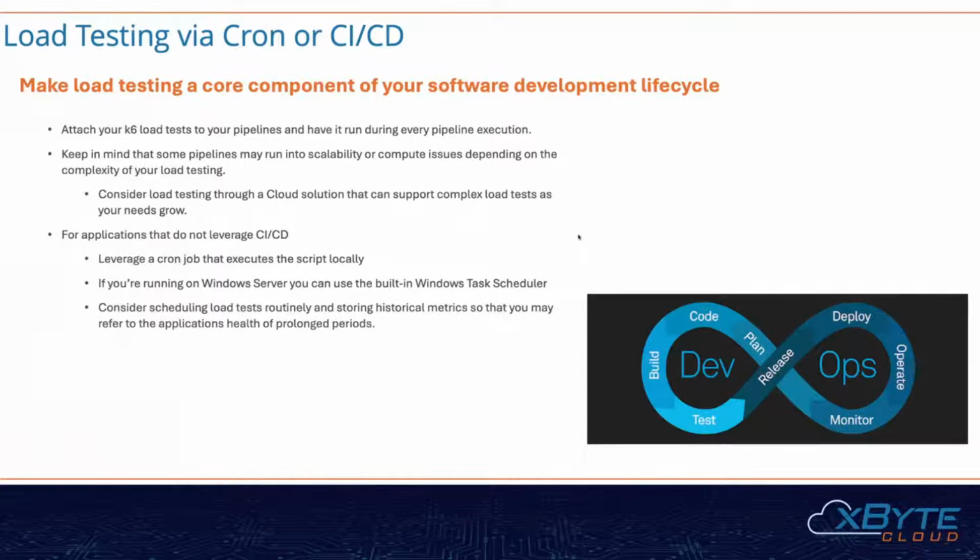So when you're doing stuff via CI/CD, make sure the agents you're executing the tests on are capable of meeting the needs of that test. And if they can't, maybe try to scale it back and use it as more of a smoke test. And then you can do the more intensive load testing on an offsite server or something more external with more resources available. Consider load testing through a cloud solution that can support complex load tests as your needs grow.